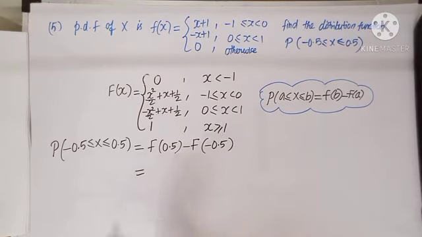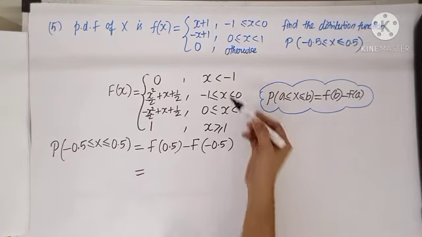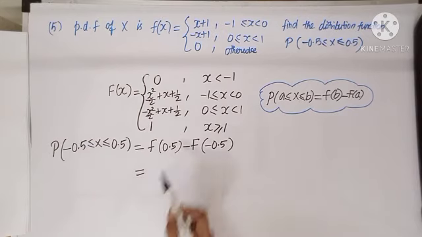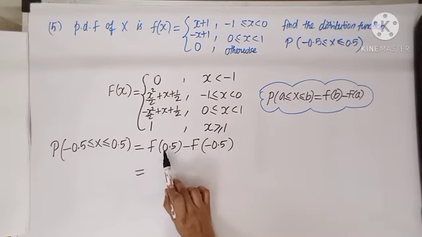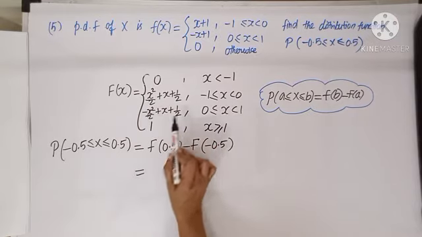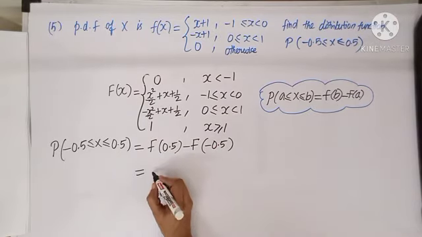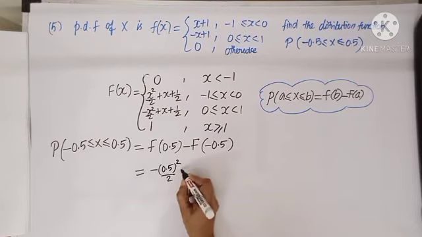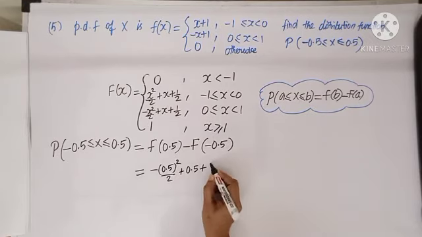What is capital F of 0.5? Out of the intervals, check where 0.5 falls. 0.5 falls here. So, wherever x is coming, put 0.5: 0.5 squared by 2 plus 0.5 plus half.